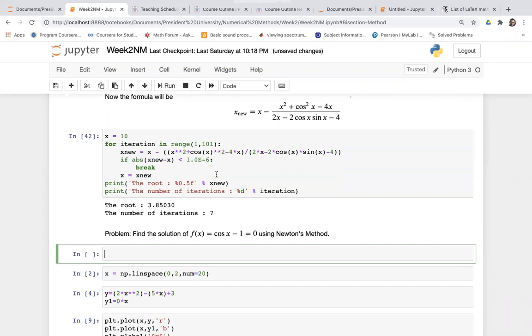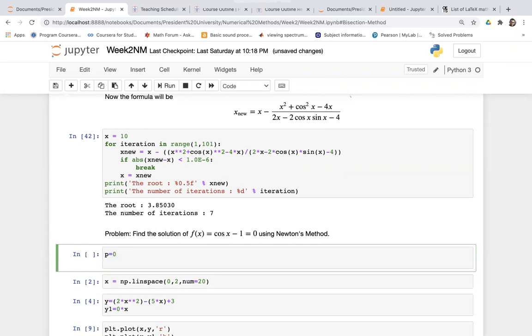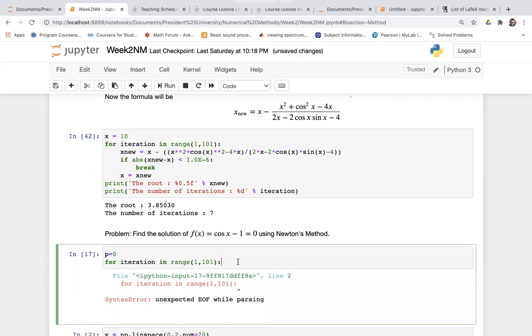I will put p equal, previously we started with 0, yeah, 0. And then for iteration in range 1 until 101, yeah, this is the syntax, you already know this.